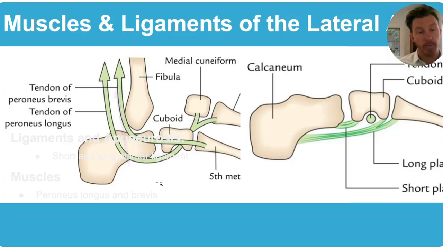And it's that pulling action up the side of the leg that creates that. And we also have the short and long plantar ligaments here that are also being used to maintain that lateral longitudinal arch here.